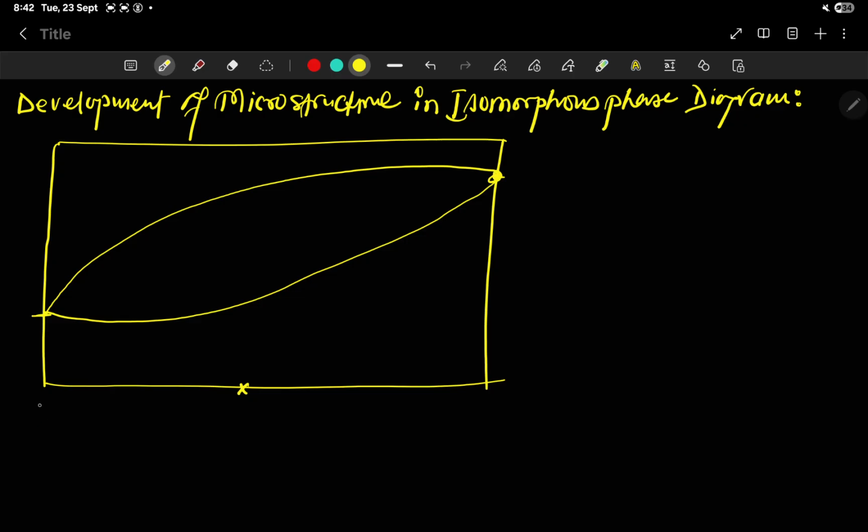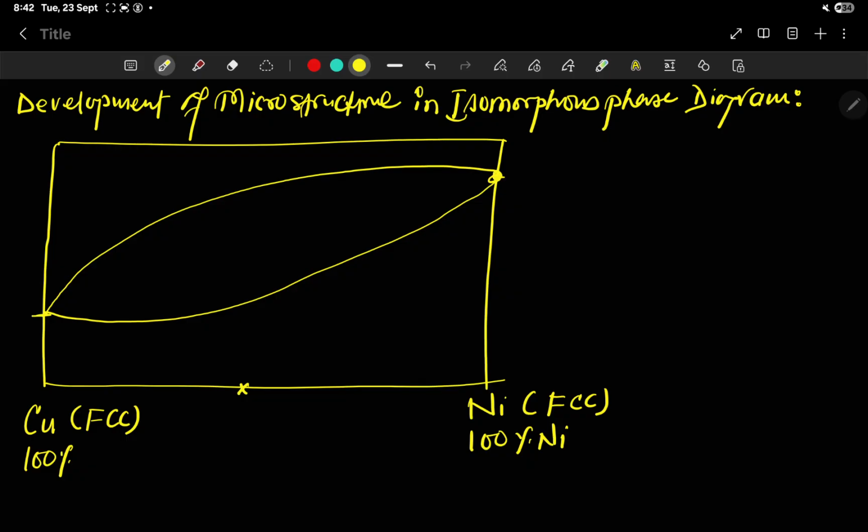So this section is our 100% copper, and here we have 100% nickel. This copper is having FCC crystal structure, nickel is also having FCC crystal structure.